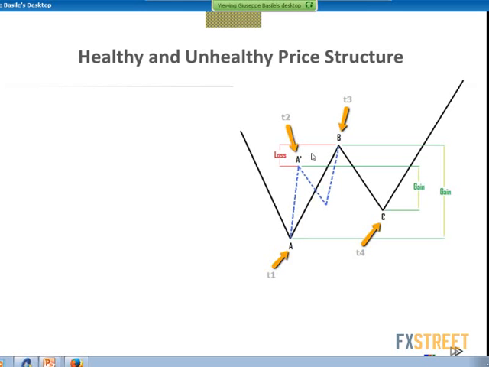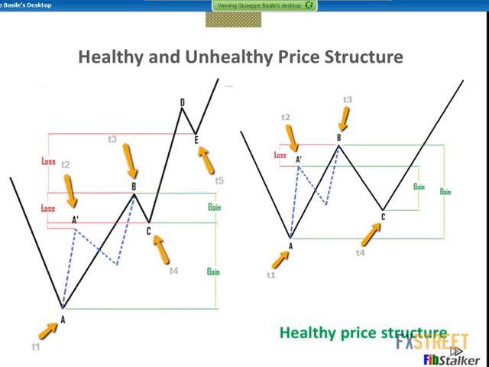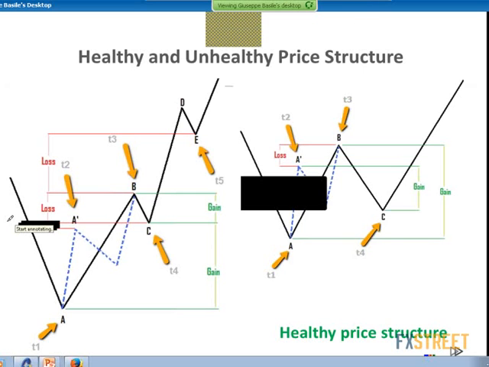So they are rewarded, as I told you before, for providing liquidity to those who operate in the larger time frame. I hope this is clear. It's a very simple concept indeed. So this is what a healthy price structure is.